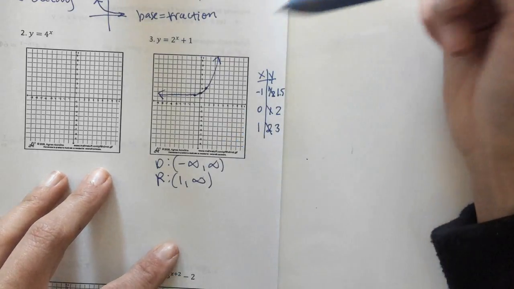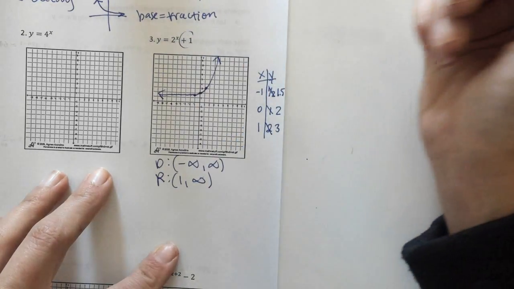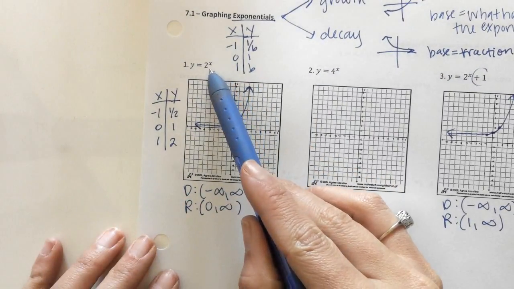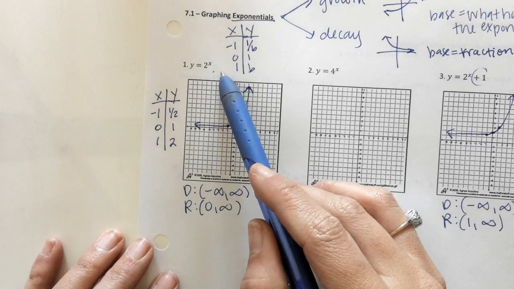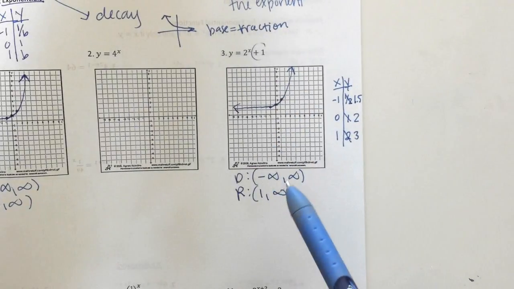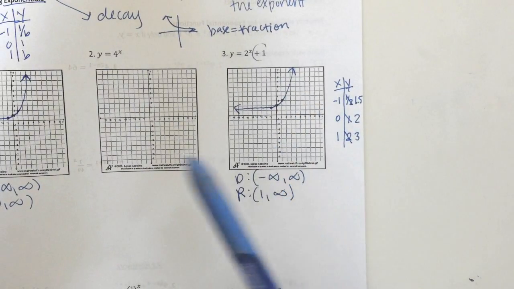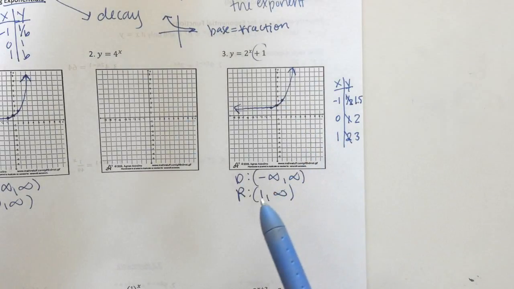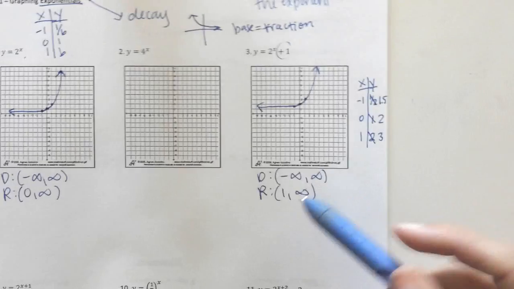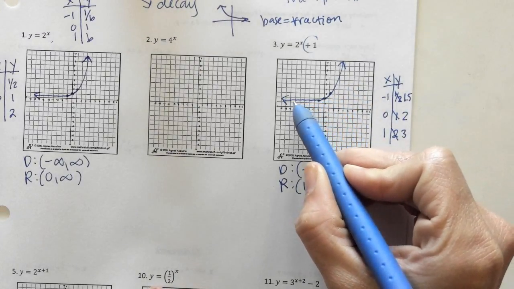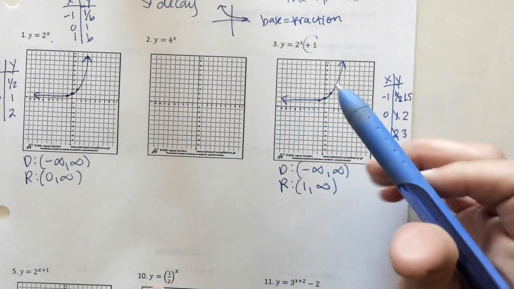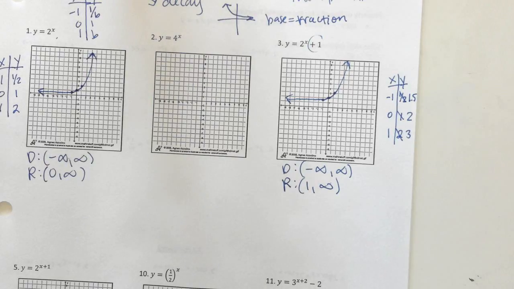Guess what the range is always going to be? This last number to infinity. Why was this one 0 to infinity? Nothing being added or subtracted, right? And domain, do you think that'll ever change? Nope. It'll always never end on either side. The range depends on what number's being added or subtracted. Correct. The reason we don't put the brackets for like 1 is because it's not touching 1. It's just approaching it. So it's not actually touching it.